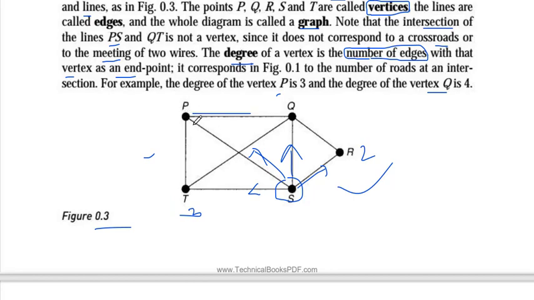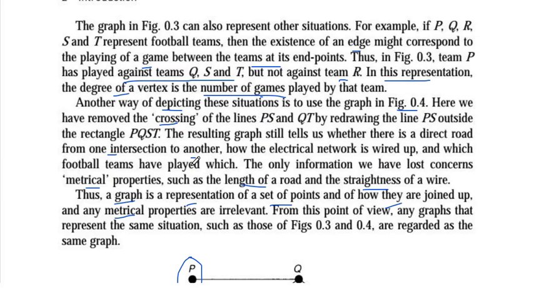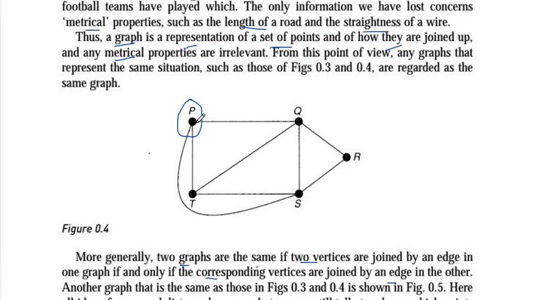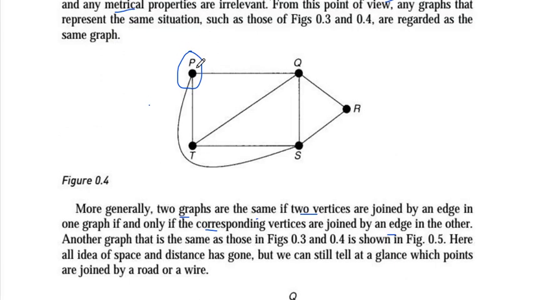This is one edge, second edge, and third edge: PQ edge, PS edge, and PT edge. Here also, what are the edges of P? The vertex is P, with PQ edge, PT edge, and PS edge. So both graphs have the same edges corresponding to the vertex, and we can say that these two graphs are the same.